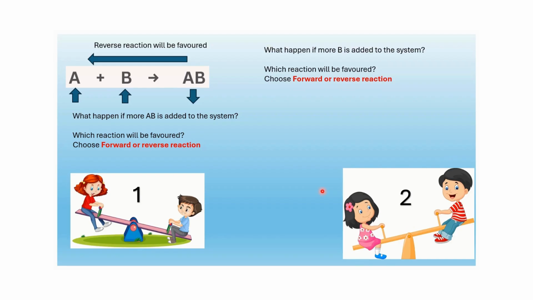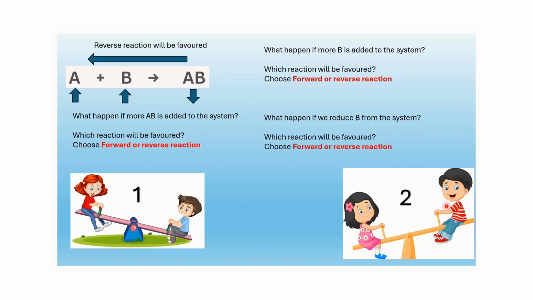Decrease. So what does this mean as far as this equation is concerned? It simply means that if we add more of B, we are going to shift the ball to the right, and AB must increase while B decreases and A decreases, like that. So the forward reaction is going to be favored.